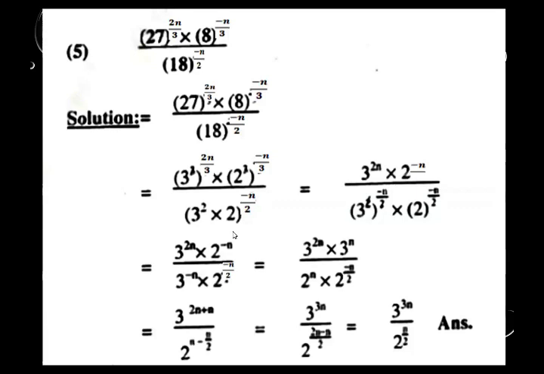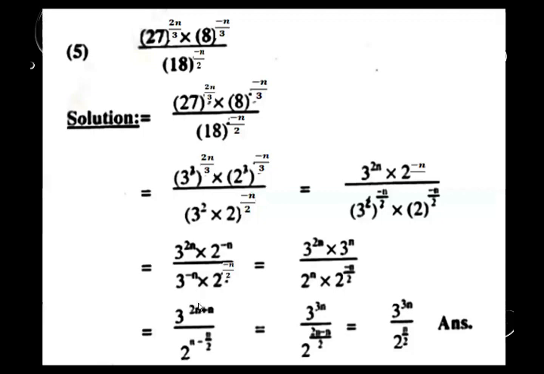Here we don't have the possibility of cancelling the 2 in the exponent's denominator, because 2 is only a single factor, so we cannot reduce this exponent. In the next step you will see 3 to the power 2n multiplied by 2 to the power minus n, which we have already discussed in the previous step, and in the denominator we have 3 to the power only minus n, because that 2 cancels.